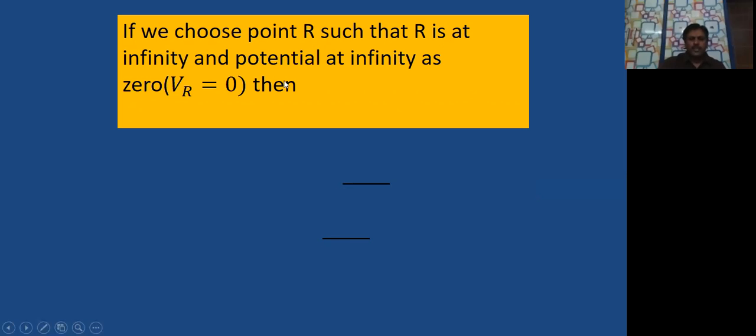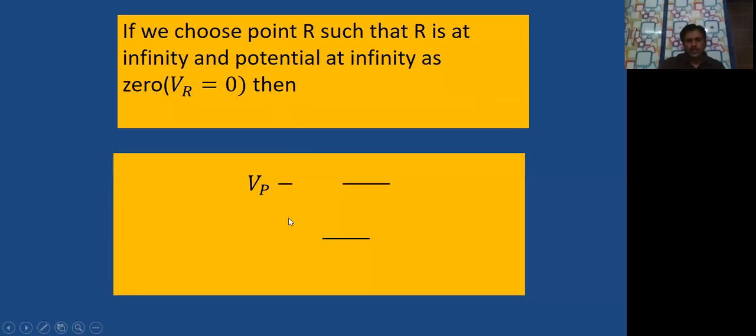And if R is at infinity and potential at infinity is taken as 0, that is Vr is equal to 0, then what happens? Vp minus Vr becomes Vp minus 0 in our earlier formula. And that becomes equal to W infinity to P by Q.